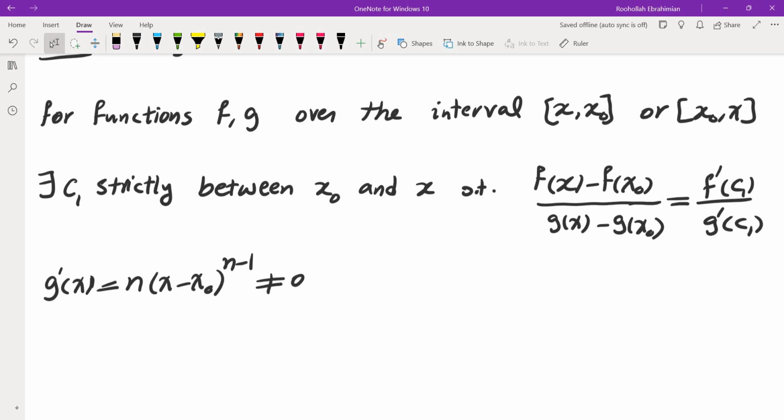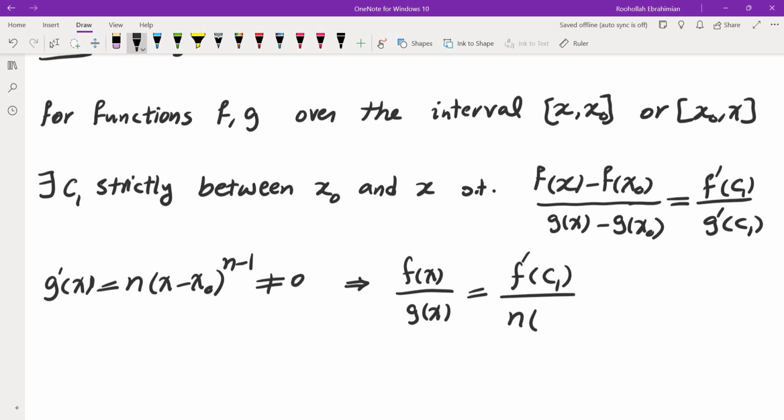Now if you plug in the values f of x naught equals 0 and g of x naught equals 0, we get f of x over g of x equals f prime of c1 over g prime of c1. g prime of c1 is exactly n times (c1 minus x naught) to the power of n minus 1.